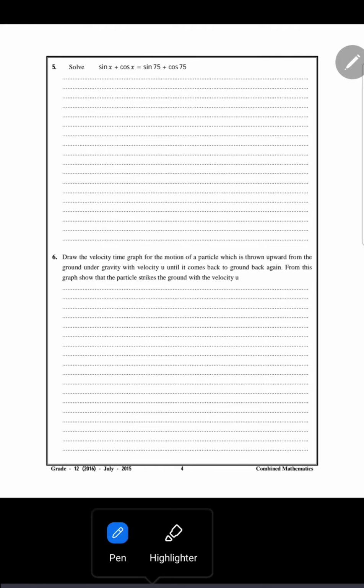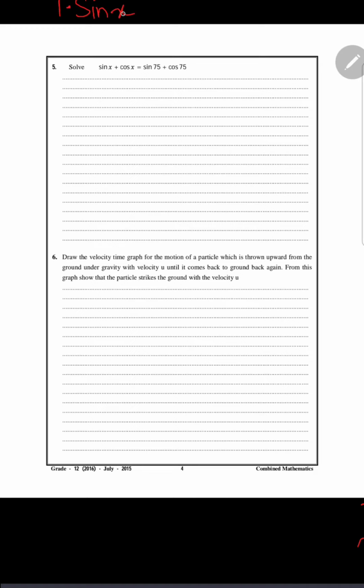Fifth question. The same theory for both sides, LHS and RHS. Sin x plus cos x, square root of a square plus b square. A square plus b square, square root is root 2. Coefficient of sin x is 1.